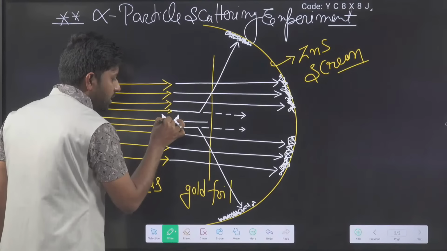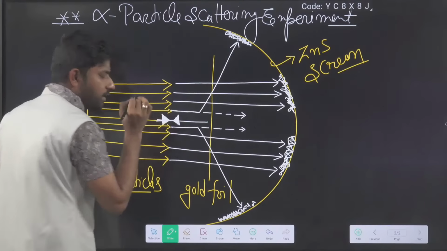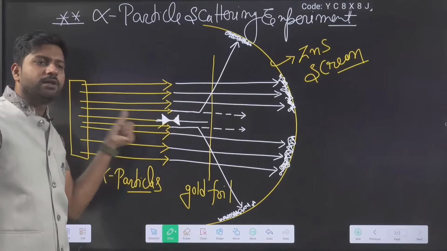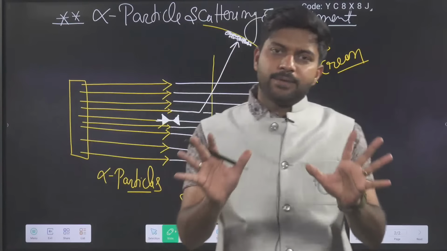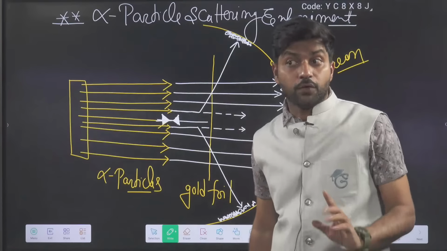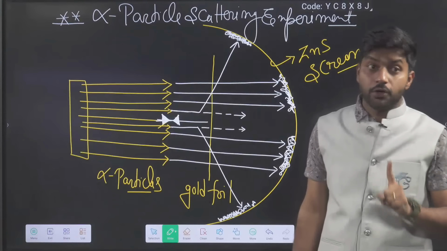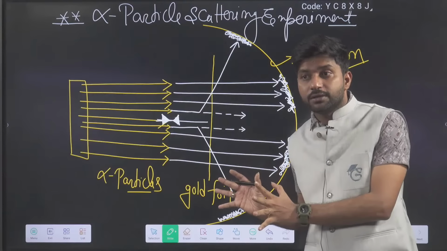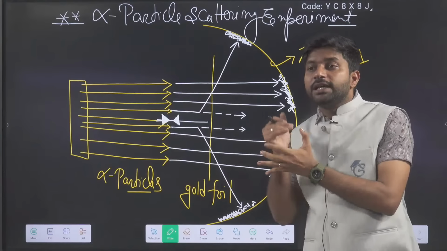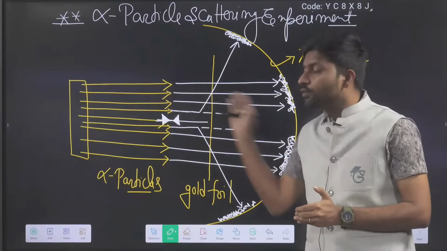U-turn means in which path it was going, in the same path it returned back. That was the observation of the Rutherford experiment. After the observation, he made a few points.